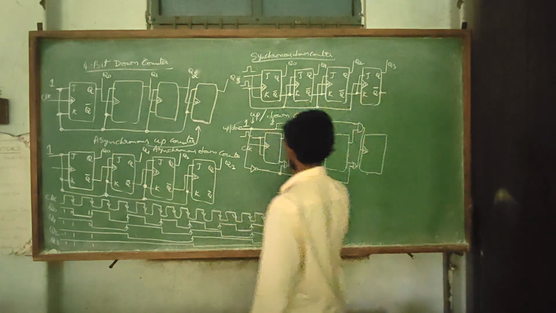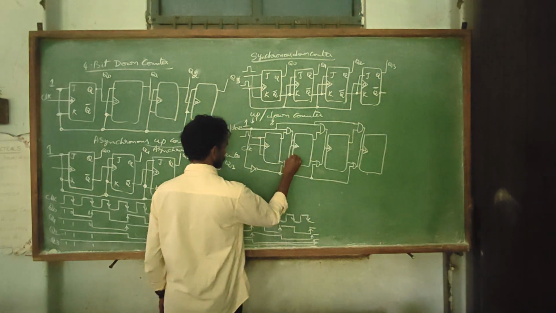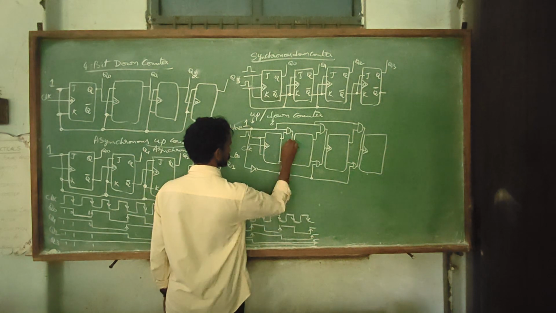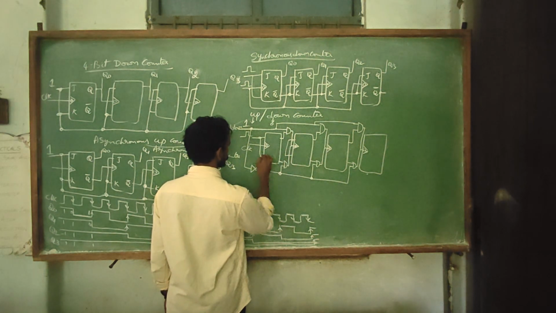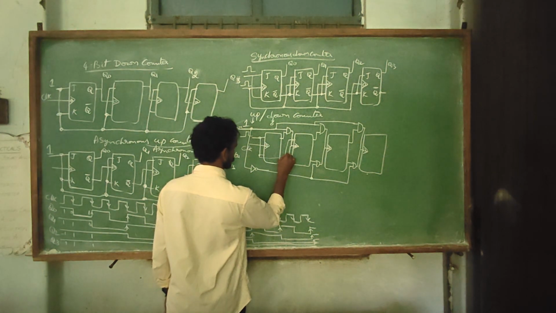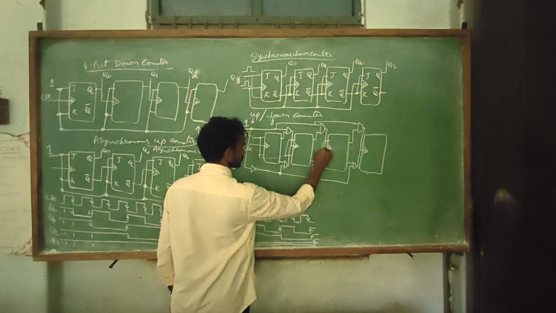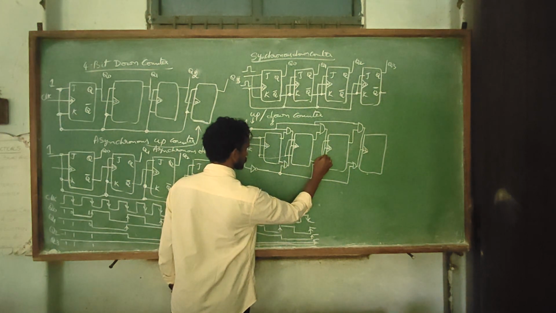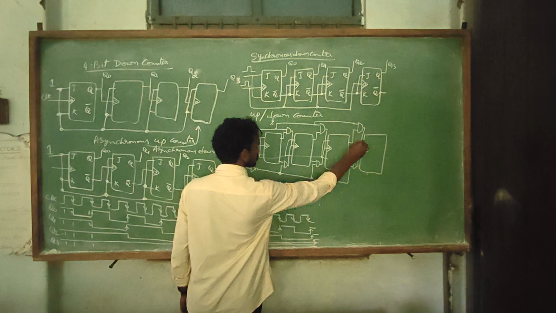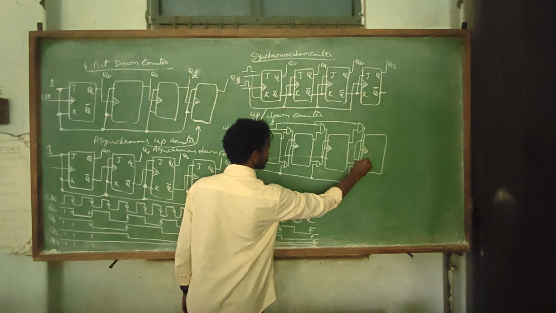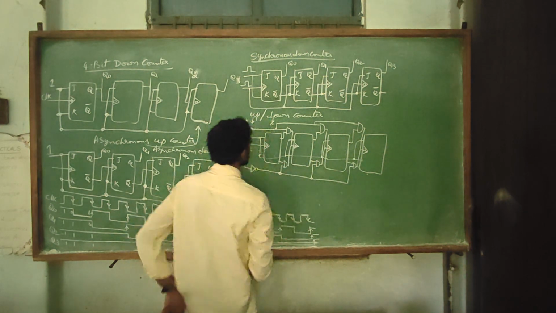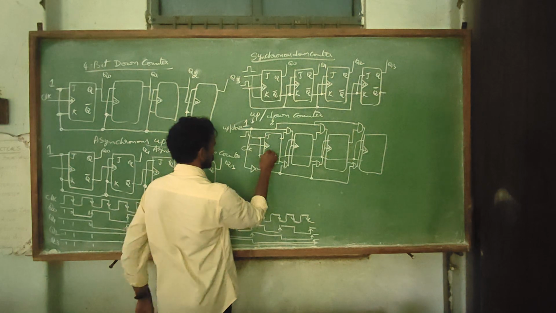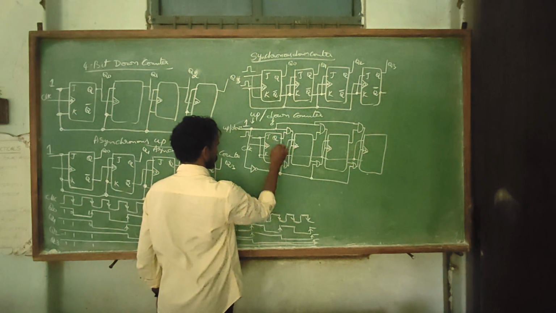Here all JK inputs must be maintained at 1. So JK, Q1.